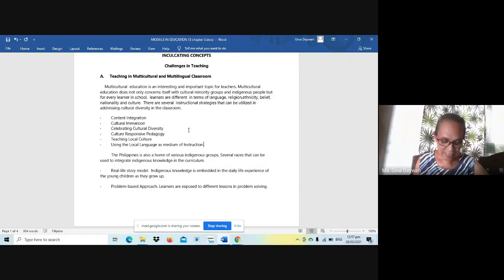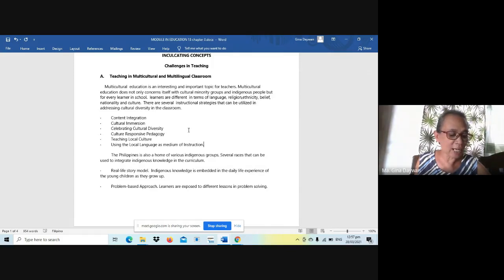Each learner in the class may be a member of a cultural group and have a different religion, speak a different language, or behave differently. Every day, they bring this diversity and individual difference into the classroom.